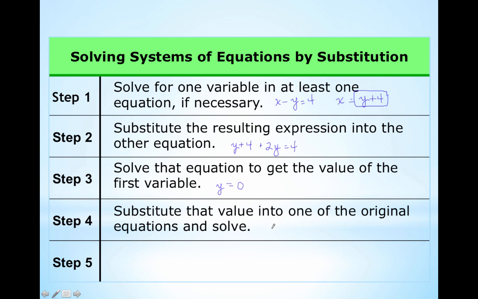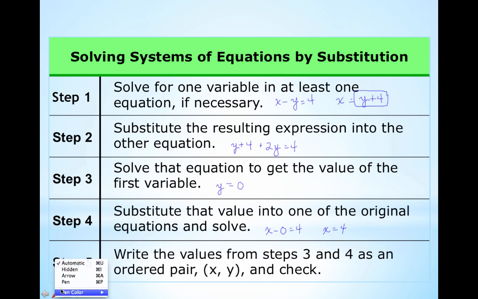So I knew that x minus 0 equaled 4. So I found that x equaled 4. Then I wrote that answer as an ordered pair, x, y, and in this case that was the value 4, 0, and then I plugged in that value back into my two original equations to check that it was true.